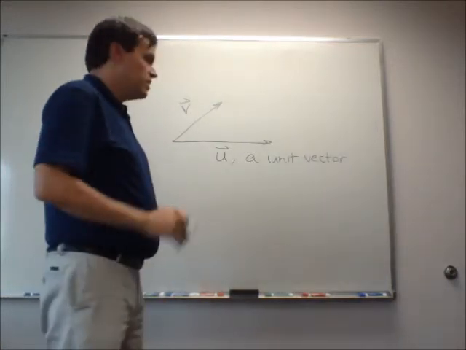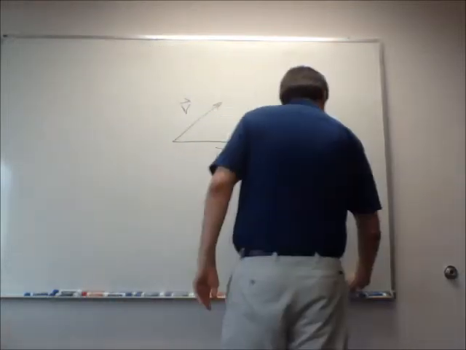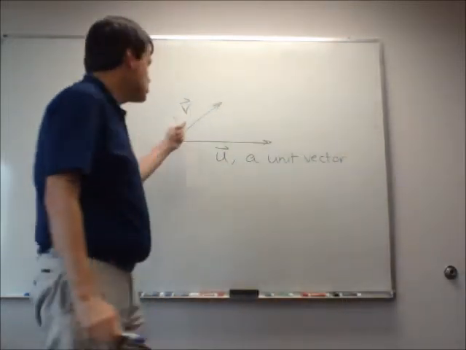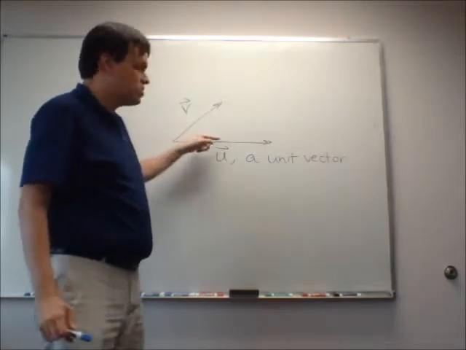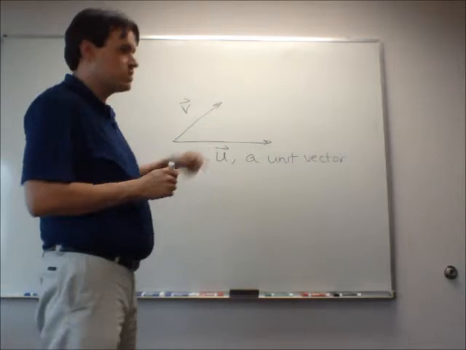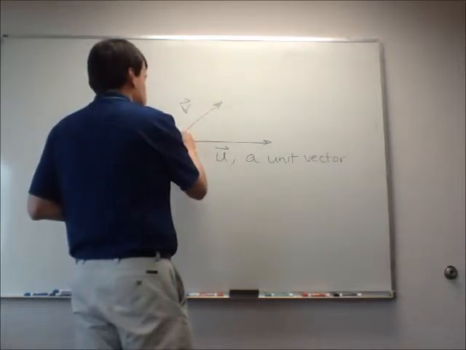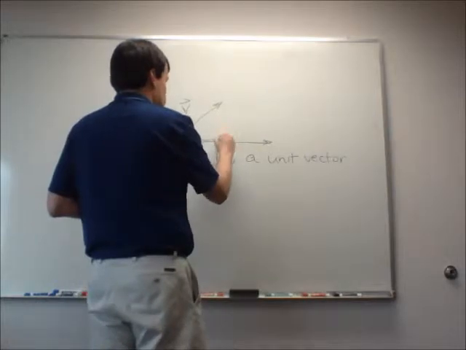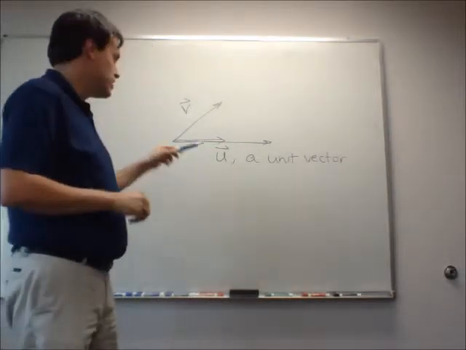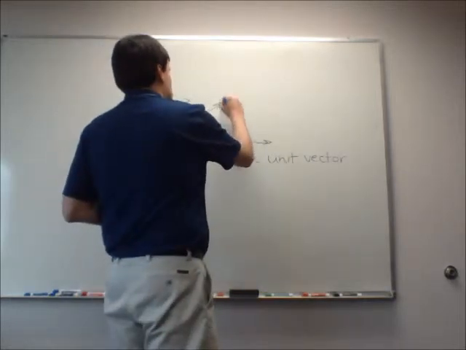Okay, the idea of a projection, or of a parallel component, is I'm basically trying to figure out how much of this vector goes in this direction, and how much of it goes in a direction perpendicular to this vector. So what I'm really doing is trying to figure out what this vector is, not just the length of it, but what this actual vector is, and what this vector is.